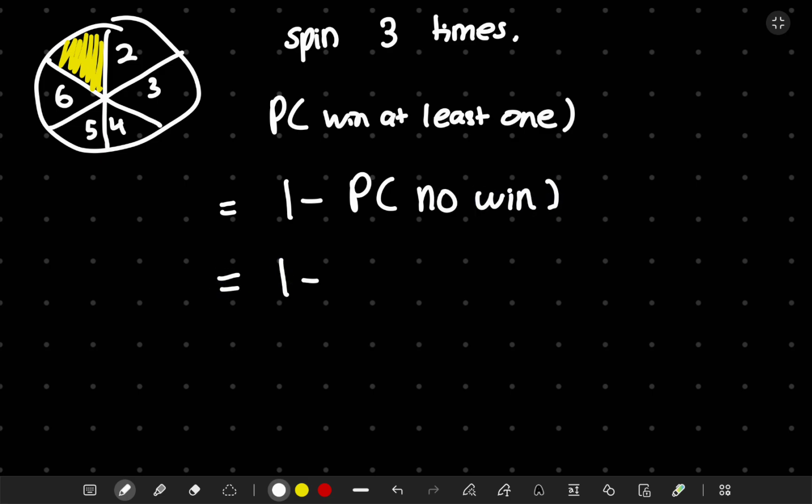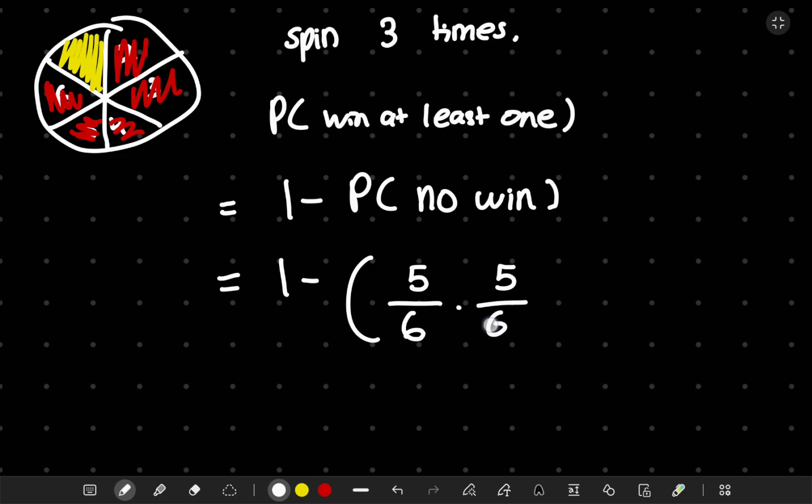So the first spin, I lost. If only one of them is winning, the opposite is losing. 5 out of 6, because these in red are clearly losing. That's the first spin. The second spin, did I win? No, the second one, I lost. So this is the first loss, second loss, and then the third I lost.